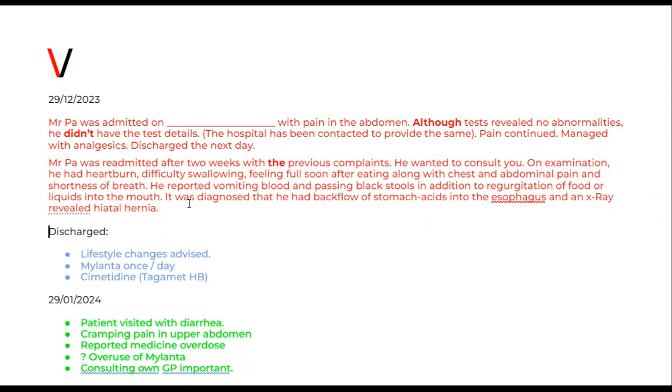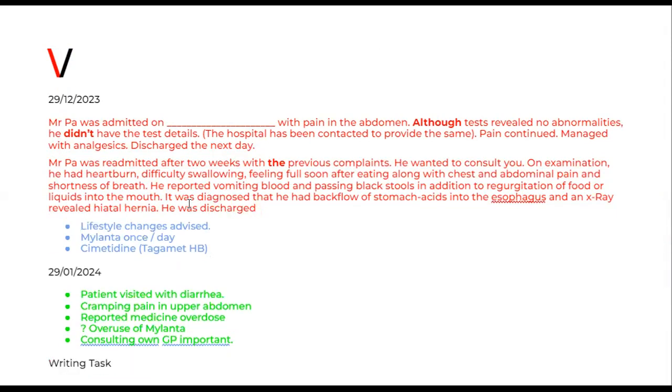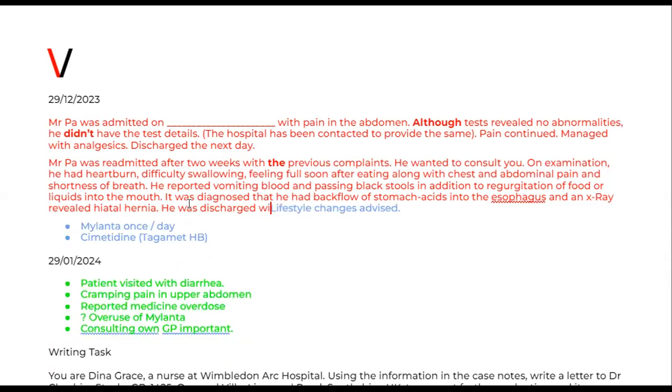Now, here, he was discharged with advice. Remember, some people ask me when to write advice and advise. See, this is the answer for that. Advice is a noun form.